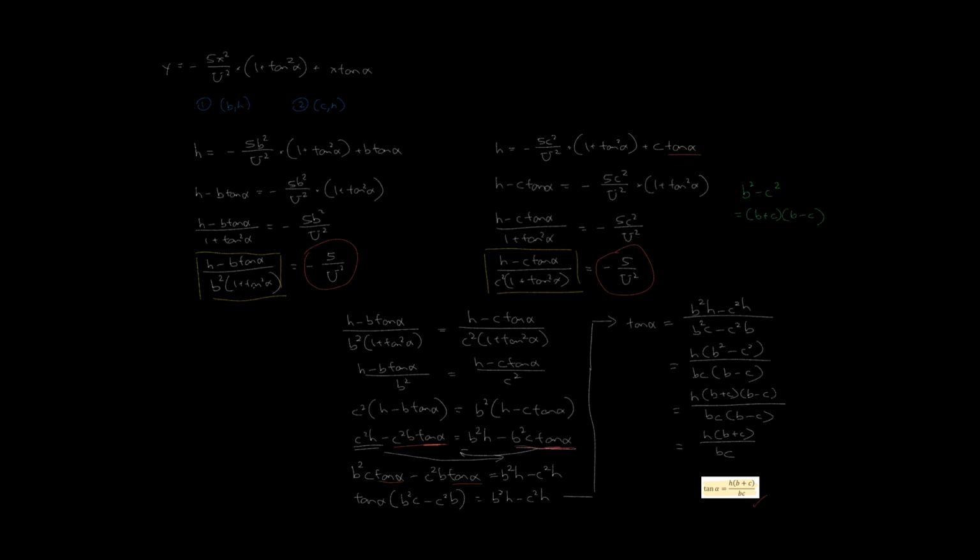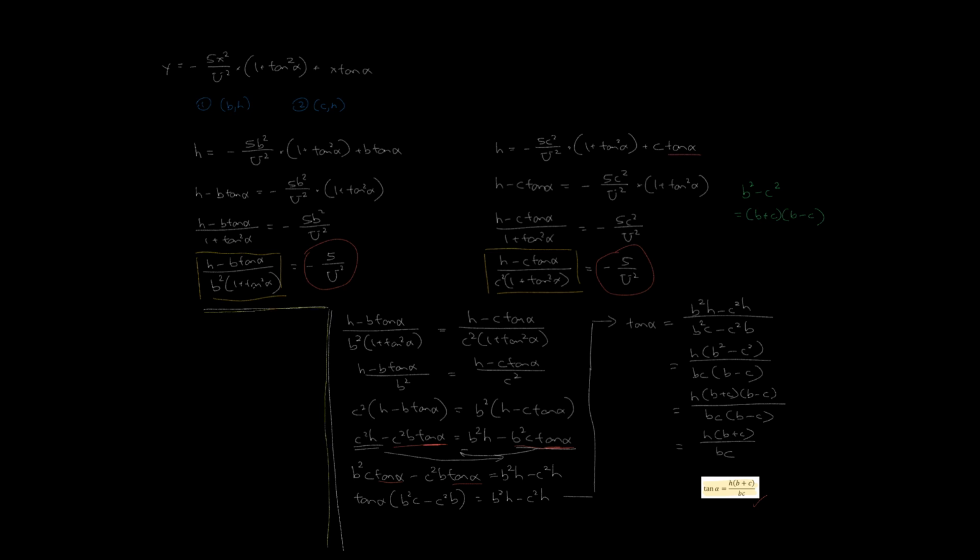Then we need to substitute the actual numbers to get tan alpha equals 3 over 2. So let's do that on this side. Make some space over here. Let's border it with yellow so that it's a little bit clearer.